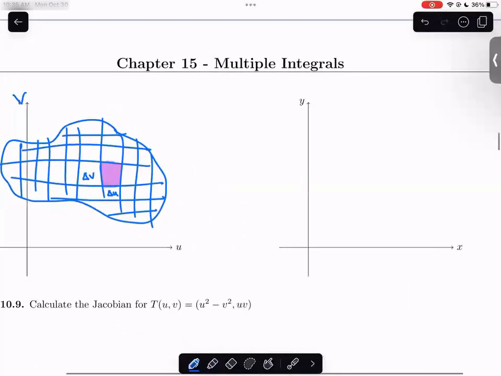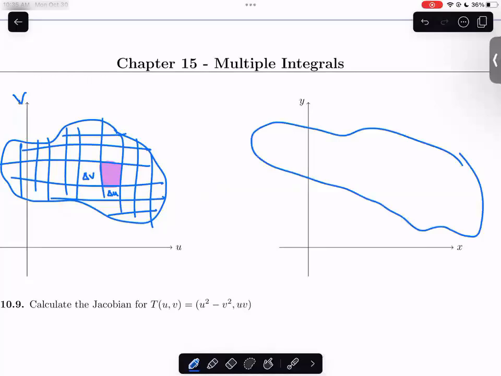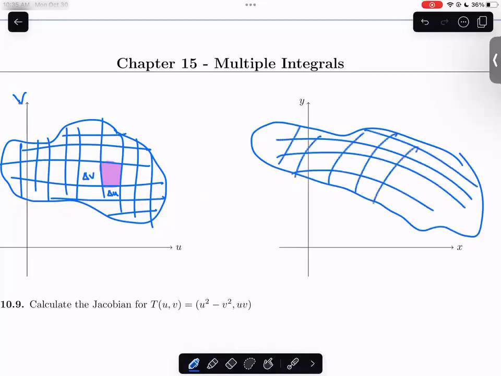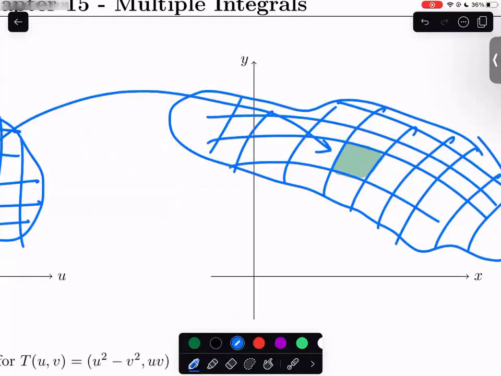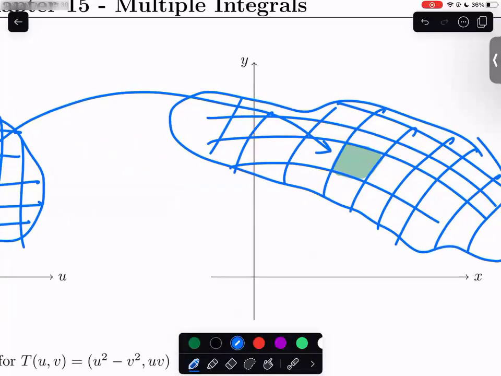And then we have some transformation equation which takes this into the XY plane. And maybe each one of these lines looks slightly different. So maybe we'll do something like this in our XY plane. If we took this rectangle and mapped it into our XY plane with some transformation, this, of course, has some delta X and delta Y associated to it.